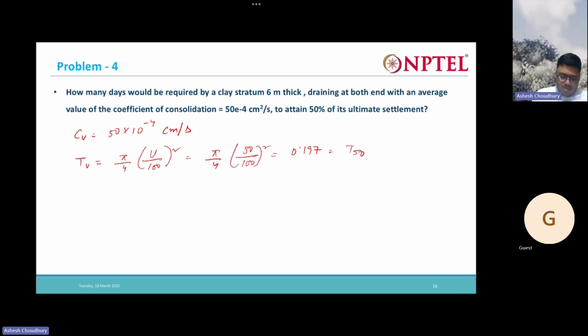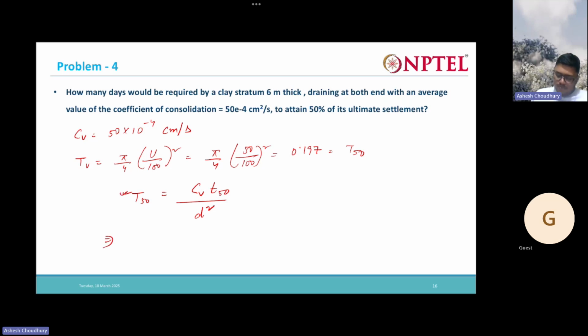Then what we need to do? We got T50, right? So after T50, we have this relation with CV.